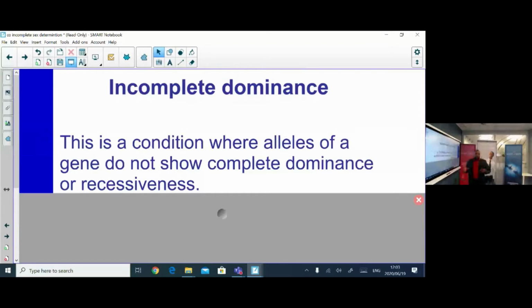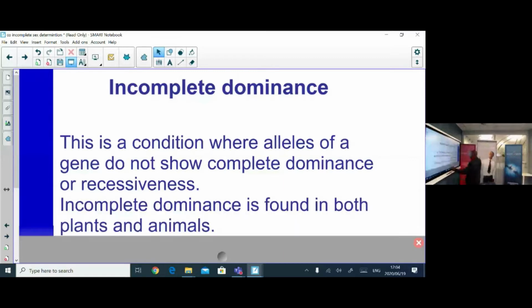Neither of the two alleles shows complete dominance or recessiveness. It's very important to define it: no complete dominance or recessiveness.